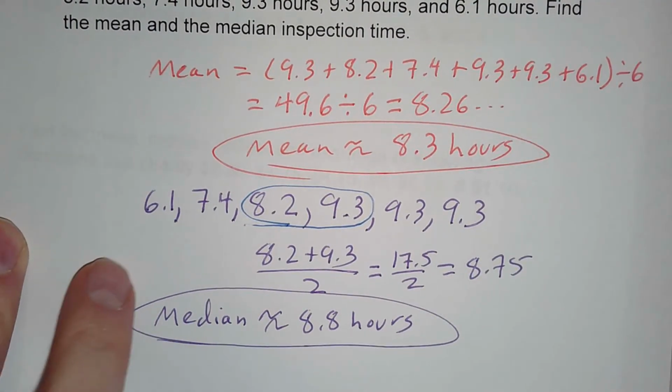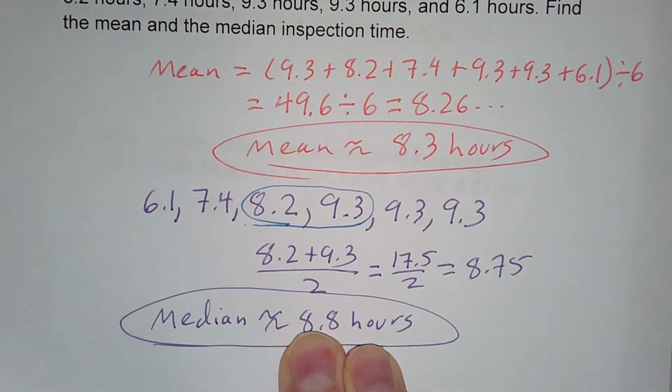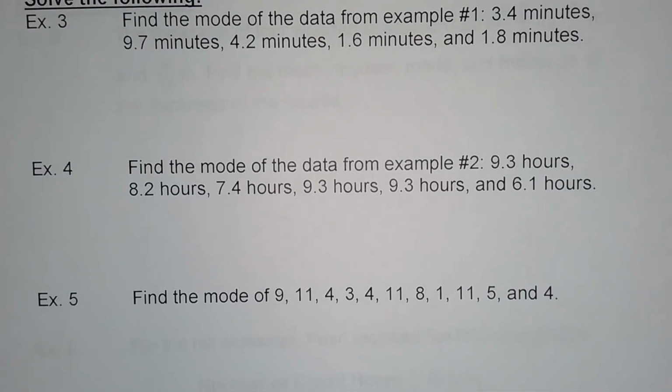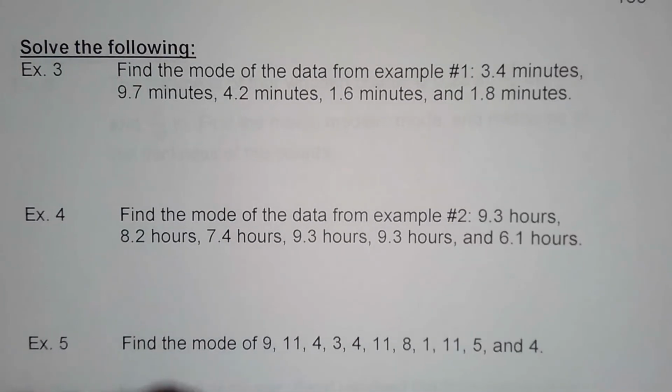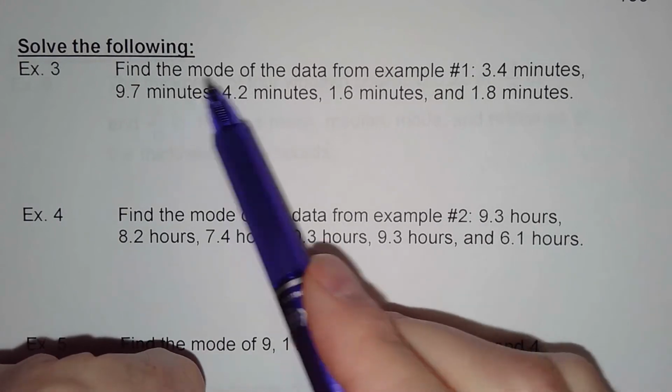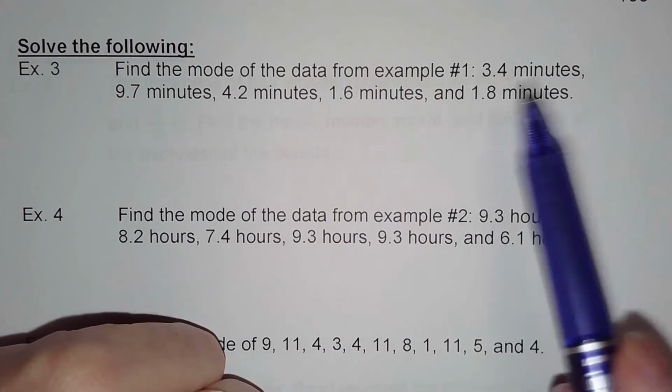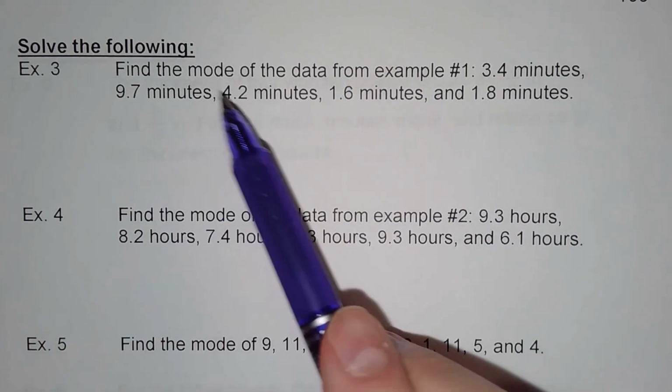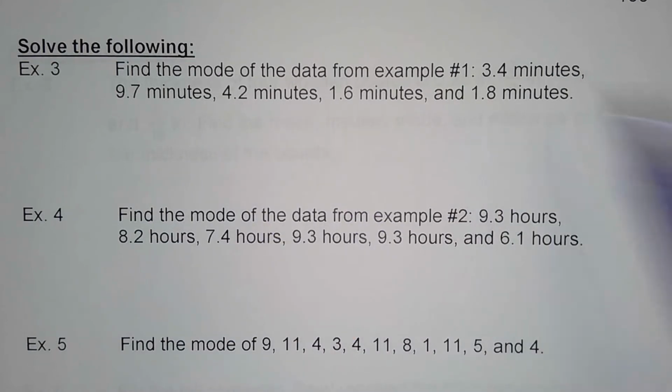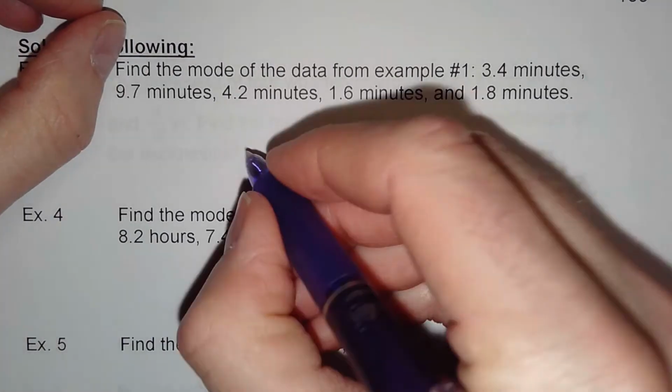So let's take a look at problem number 3. This is on page 163 of our workbook. It says find the mode of the data from example 1. We have 3.4, 9.7, 4.2, 1.6, and 1.8. Since each number occurs exactly once, there is no mode.